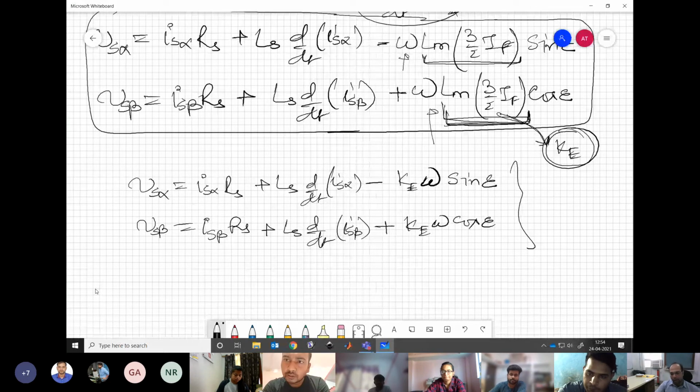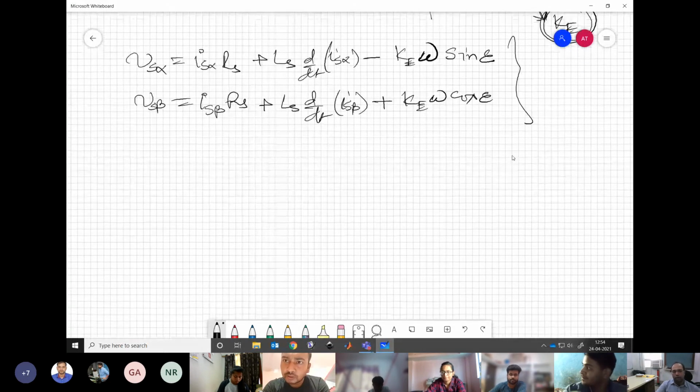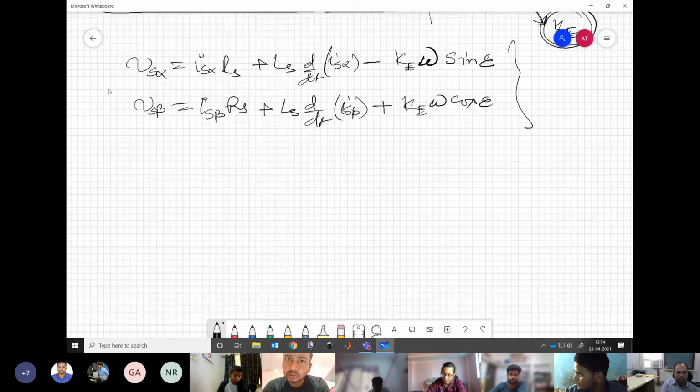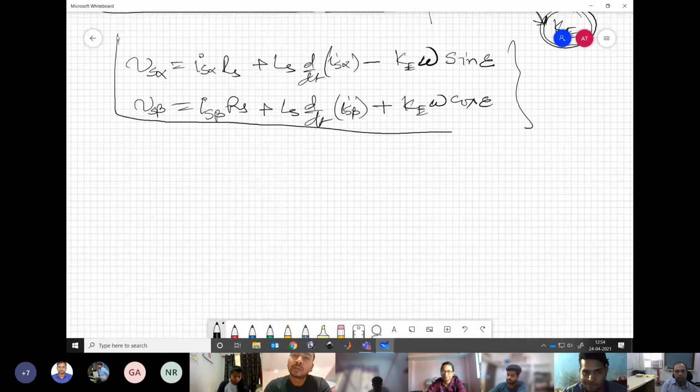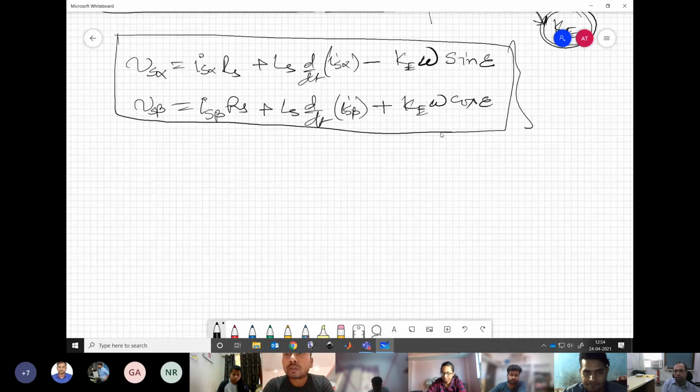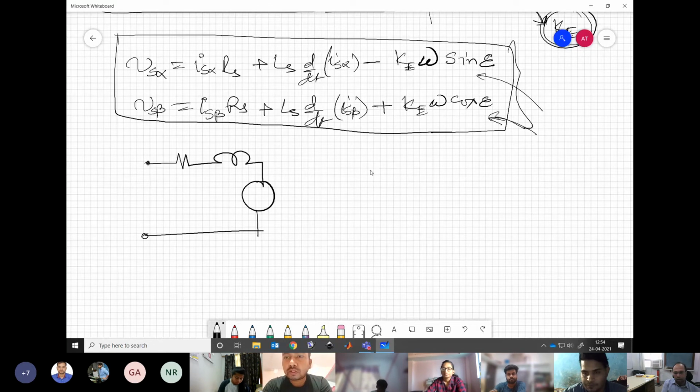Now, what we understand is that this is the model of our PMSM in the stationary reference frame. If I ask you to draw the equivalent circuit of this, don't confuse with this minus plus sign. This is only polarity, in the sense of the phase of the EMF. When you draw the equivalent circuit along the alpha and beta axis, it will be like this.